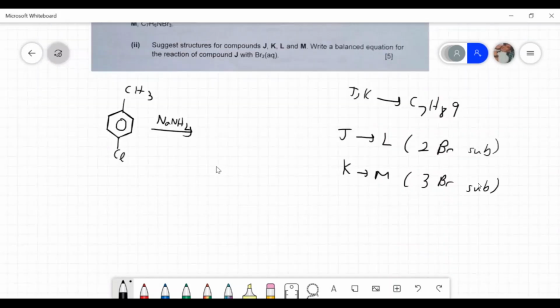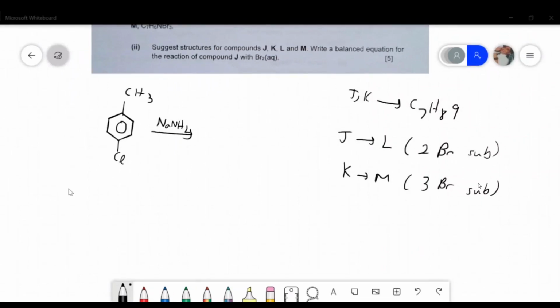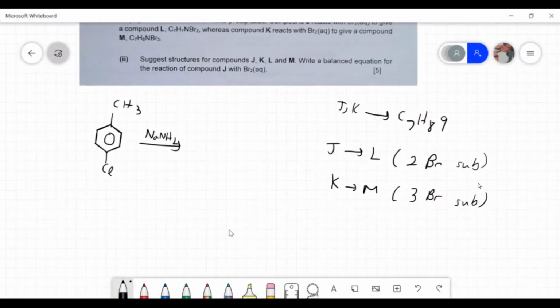Now let's go through this question in a systematic manner, because it's something very new. We don't know what's going on. Let's look at the first part.